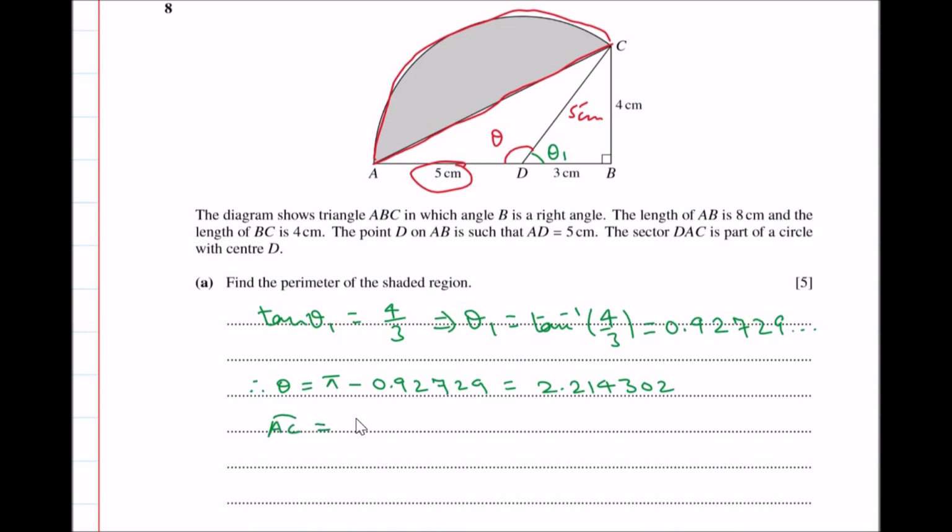Arc AC is found by r theta. R is 5 and theta is 2.214302. So that is 11.072 centimeters. Okay.